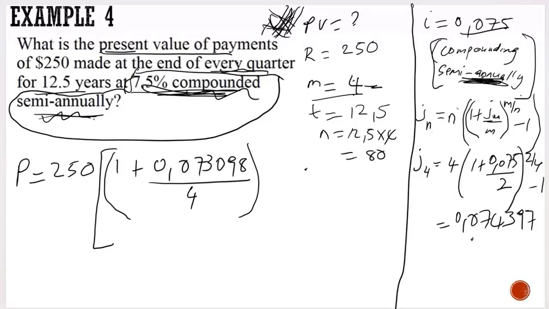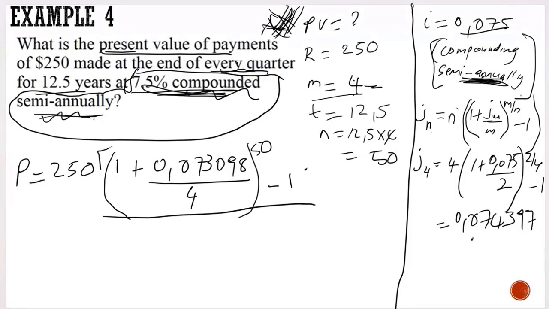12.5 multiplied by 4. This is going to give me 50. No, 80 means this is 50. So our N here is equal to 50, minus 1. And then I've got my denominator.